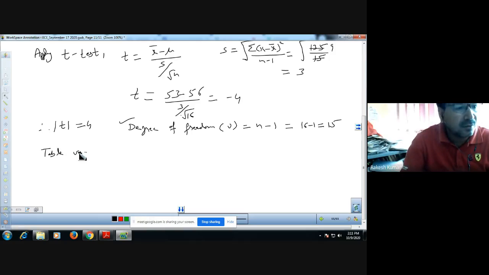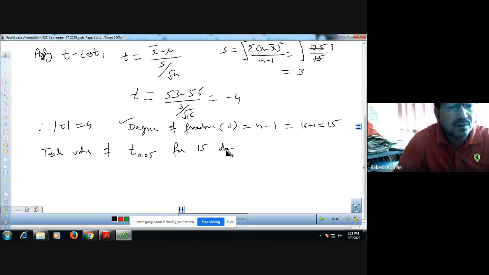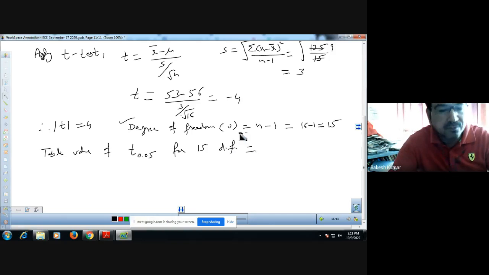Table value of t at 5% level of significance for 15 degrees of freedom. So for 15 degrees of freedom, we just need to find it by using the table.